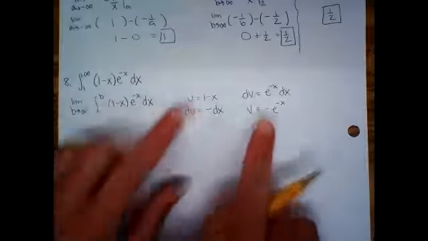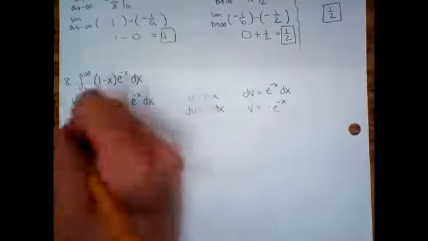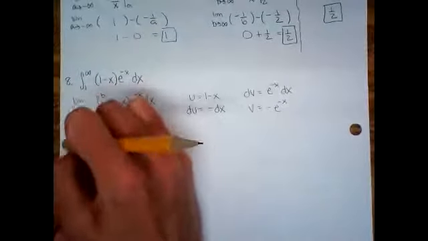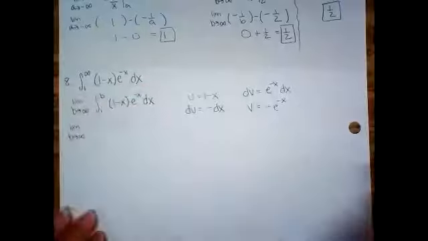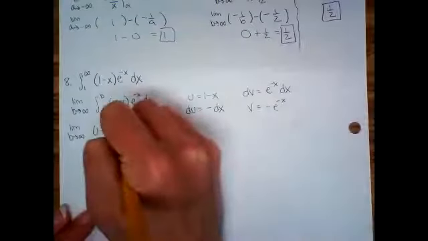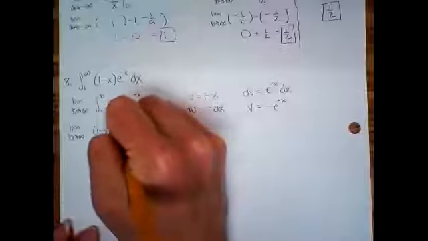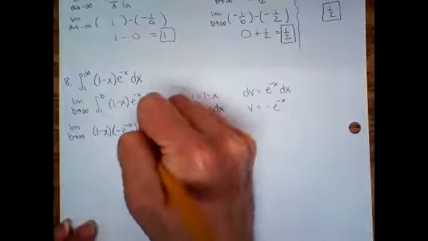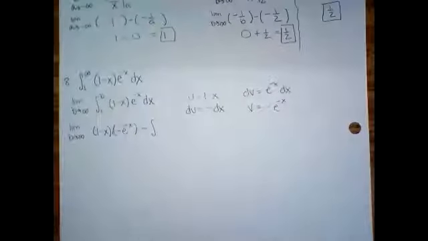Right, so anyway, do you remember the pattern? It would be u times v. All right, so 1 minus, oh, let me write that limit out front. Don't want to lose that. Limit as b goes to infinity. It'll be 1 minus x times negative e to the negative x minus integral, and then what goes inside of there?